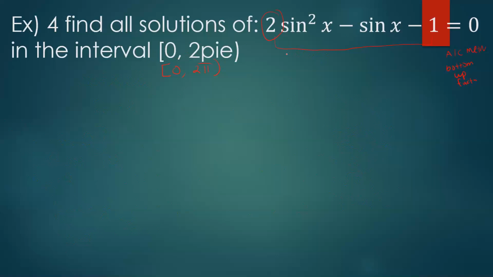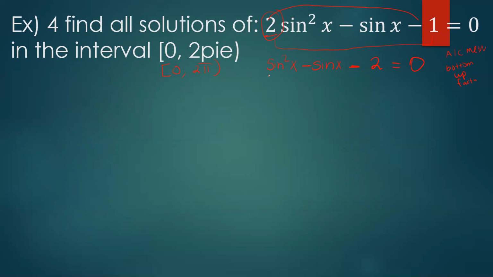So the first step of the AC method or bottoms up factoring is to rewrite the equation as if the 2 doesn't exist. So it's going to be sine square x minus sine of x minus, now you're going to multiply the 2 by the negative 1. So that's negative 2, equals 0, right?